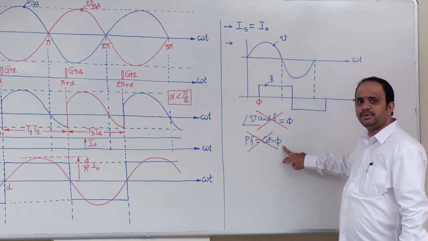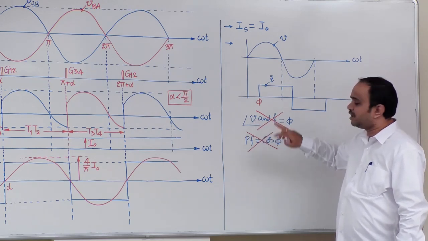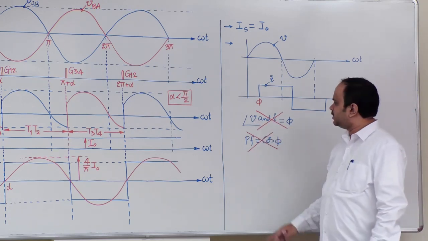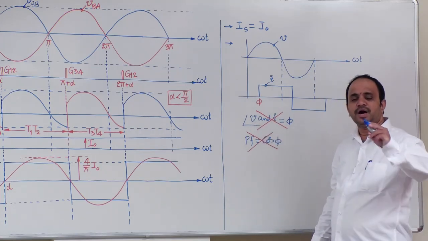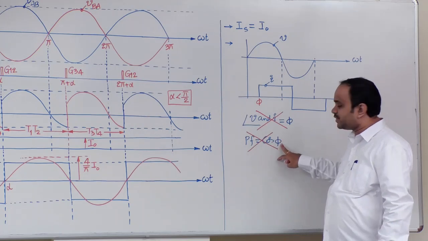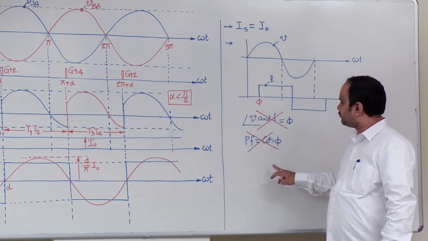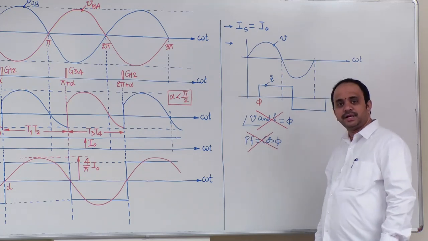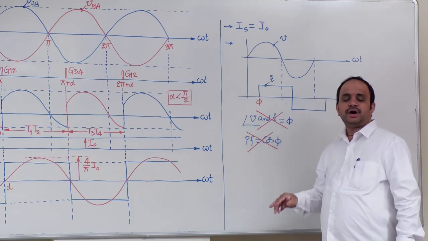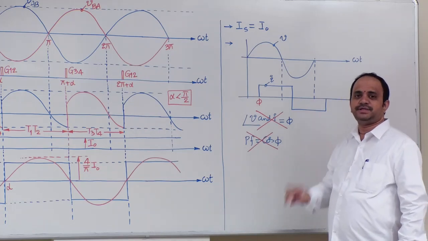When will phi be available? Only when voltage and current are sinusoidal. That is nothing but only when voltage and current waveforms are free from harmonics, then only phi is available. Therefore, the power factor equal to cos phi formula is applicable only for a harmonic free environment.